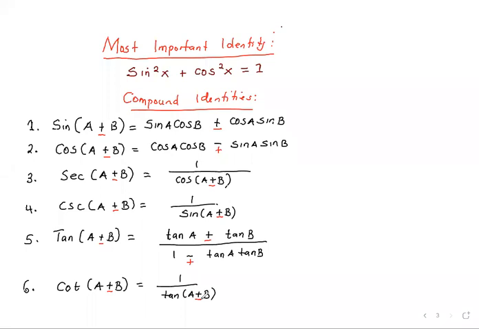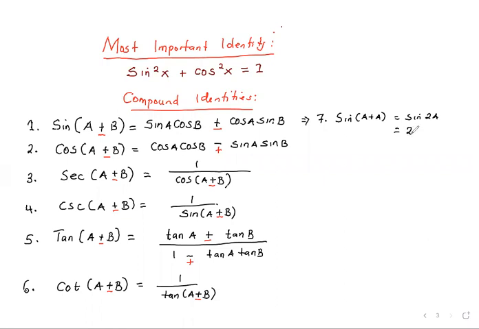So we can see just from here that we can produce another identity. If we had sine A plus A, it would have been sine 2A. So instead of having sine A cos B, cos A sine B, it would have been AA.